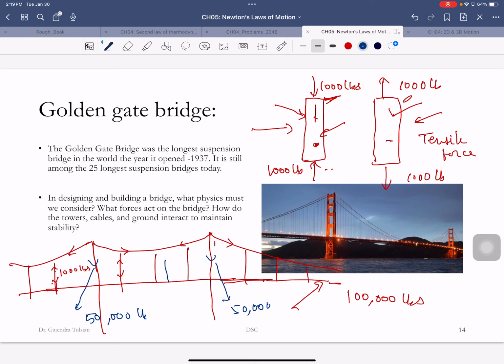So you lifted 100,000 pounds using these tensions, which were 1,000 pounds each. So a smaller 1,000 pounds was distributed to the cables as a tensile force, and that was translated to a large compressive force. That's the idea of the bridge.